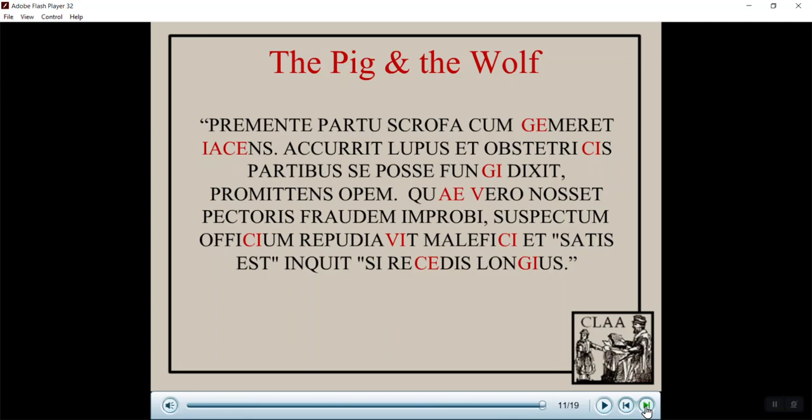Quae vero nosset pectoris fraudem improbi. Suspectum officium repudiavit. Malefici et satis est. Inquit si recedis longius.